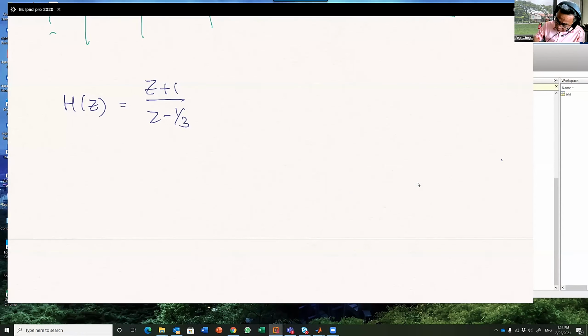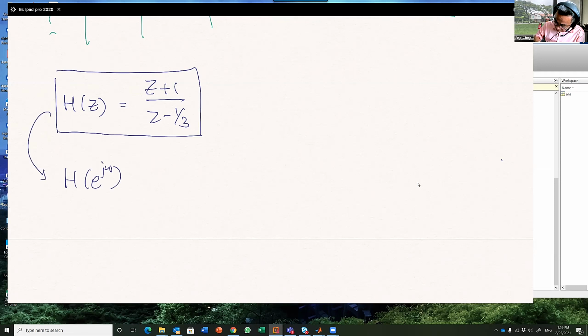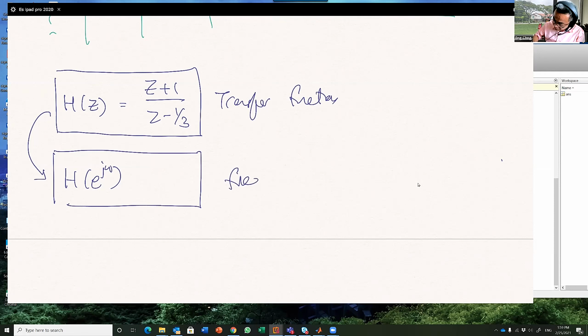All right, remember I promised that we are going to find H(e^jω). This is called the transfer function, and this is called the frequency response. The question is, how do we go from the top to the bottom?